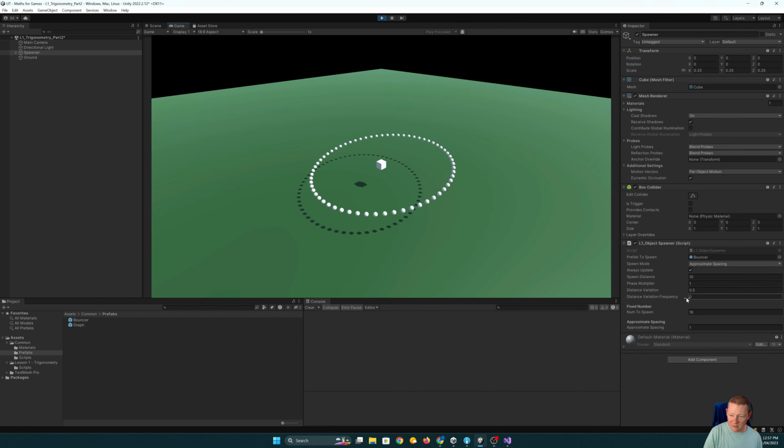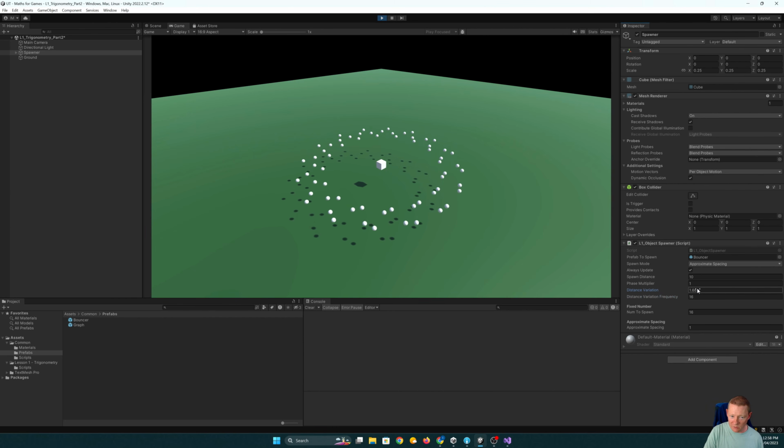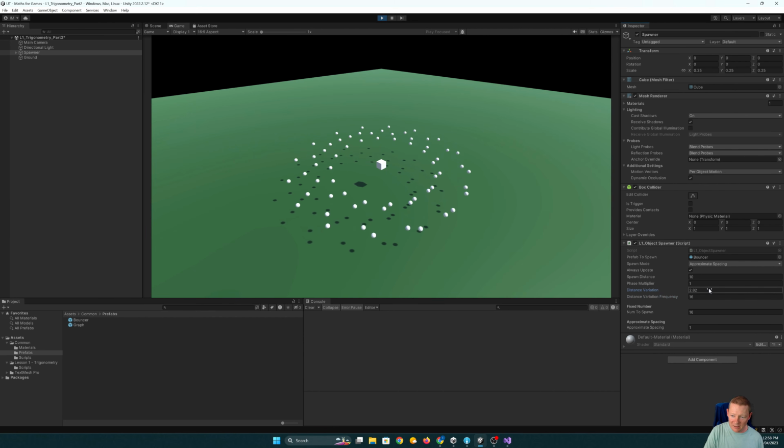If the distance variation frequency here, let's set that to 1. So we don't see a huge change. But as we start to add to this, we get more of a variation happening. We can increase the distance.